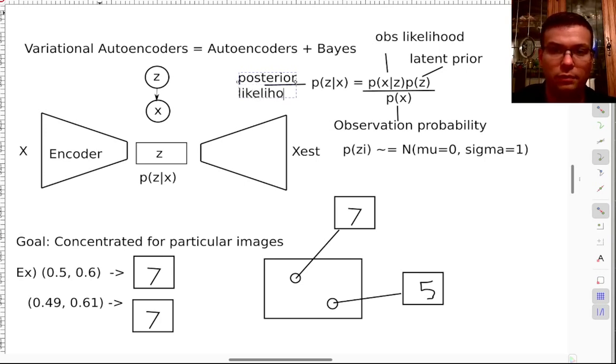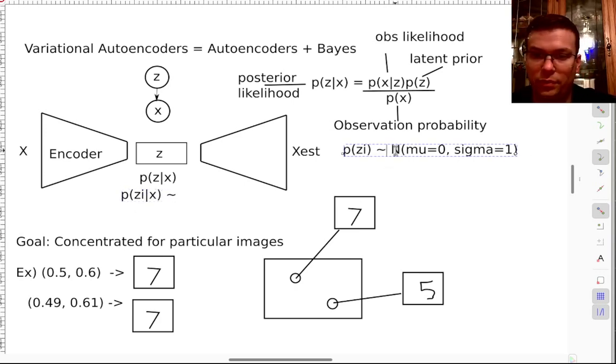And what I'll do there is have the encoder learn the parameters for each dimension. So I'll say p(z_i | x) is distributed as, oops, it's not equal, it just means distributed, a probability distribution with these learnable parameters.